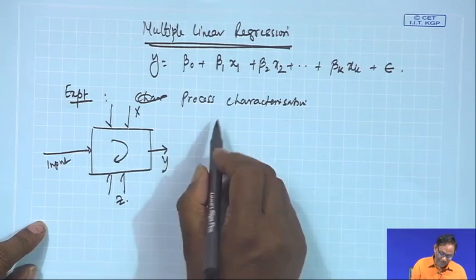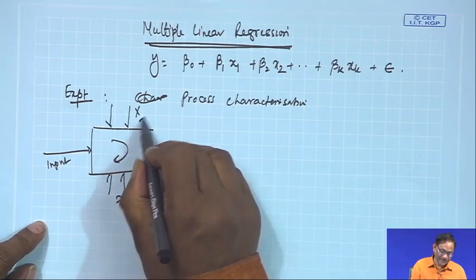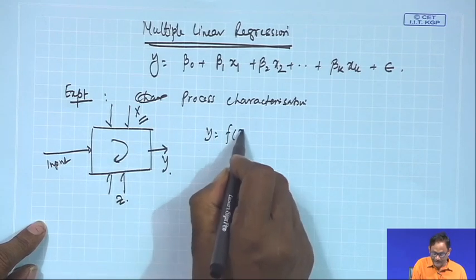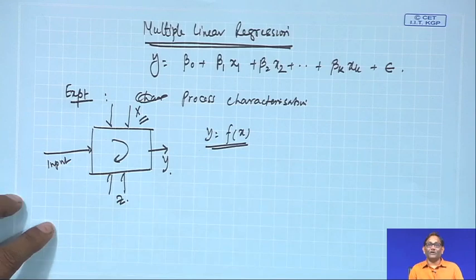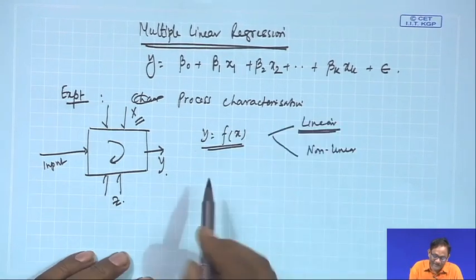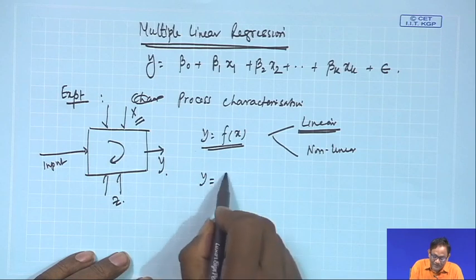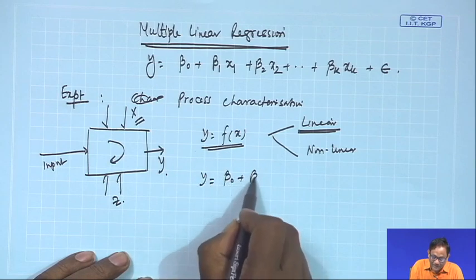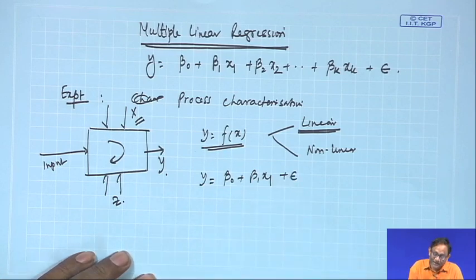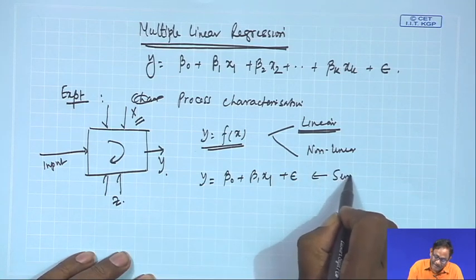Suppose we want to characterize the process with reference to the controllable factors, then y is a function of x. That is what you want to find out. Then the linear equation will be y = beta 0 + beta 1 x 1 + epsilon. This is known as simple linear regression.